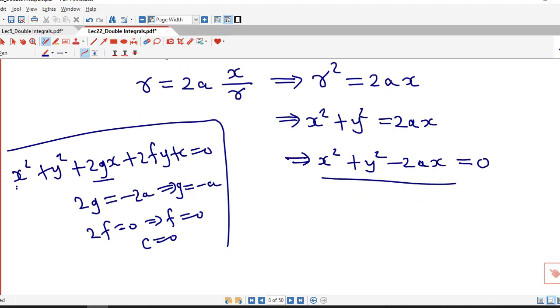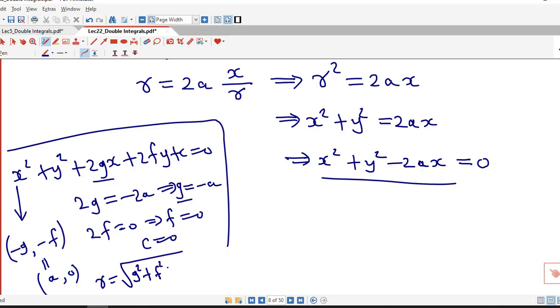So we know that this is a circle with center (minus g, minus f). Minus g gives a and f is 0, and the radius is given by square root of g square plus f square minus c, but here f and c are 0, so it is the square root of minus a square, that is going to be a.